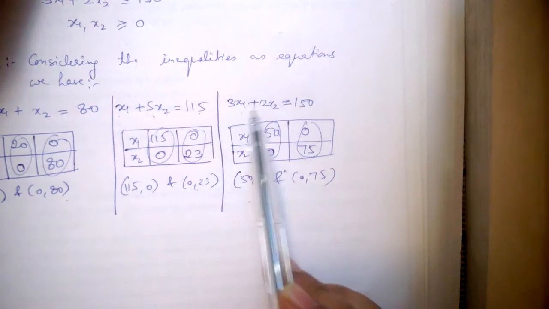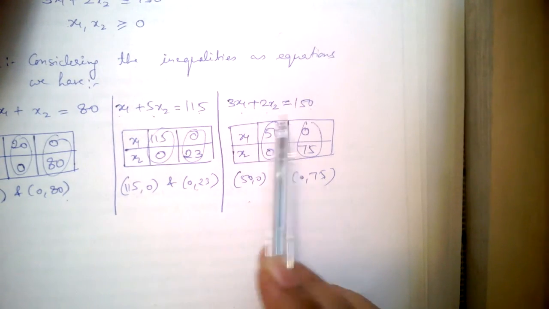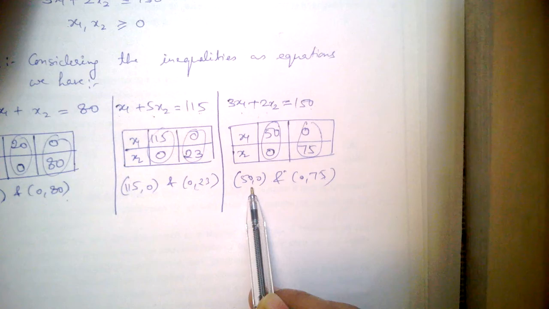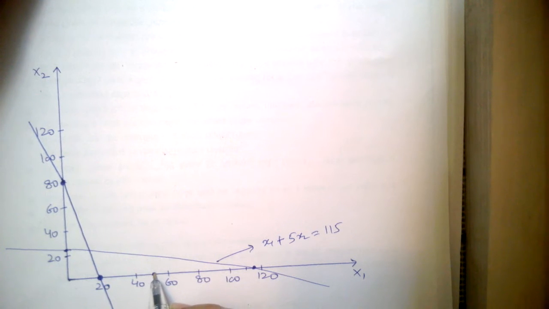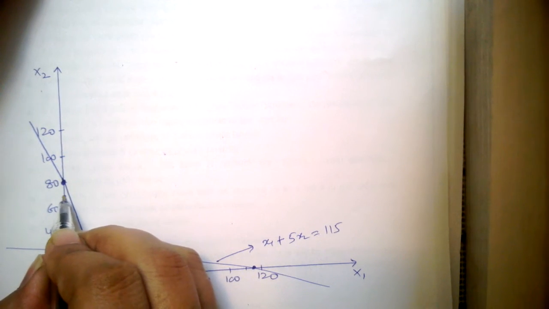x1 plus 5x2 equal to 115. Now the third line is 3x1 plus 2x2 equal to 150, and we get this line by joining 50, 0 and 0, 75. So the 50, 0 point is here and the 0, 75 point is somewhere here.